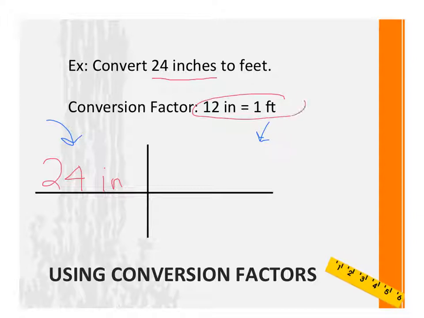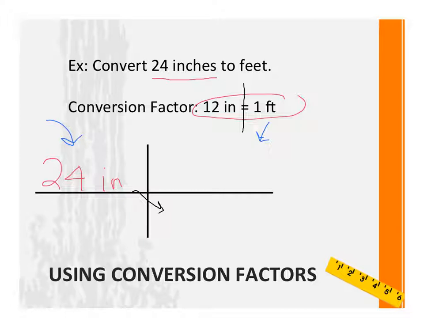So your conversion factors are things like 12 inches equals 1 foot, or 1 inch is equal to 2.54 centimeters, etc. The way that you decide how to write the conversion factor is that the equals sign is pretty much like the fraction divider. One of these is going to be the numerator, one of them is going to be the denominator. The way you select which the denominator will be is by looking to see what unit you need to cancel out.